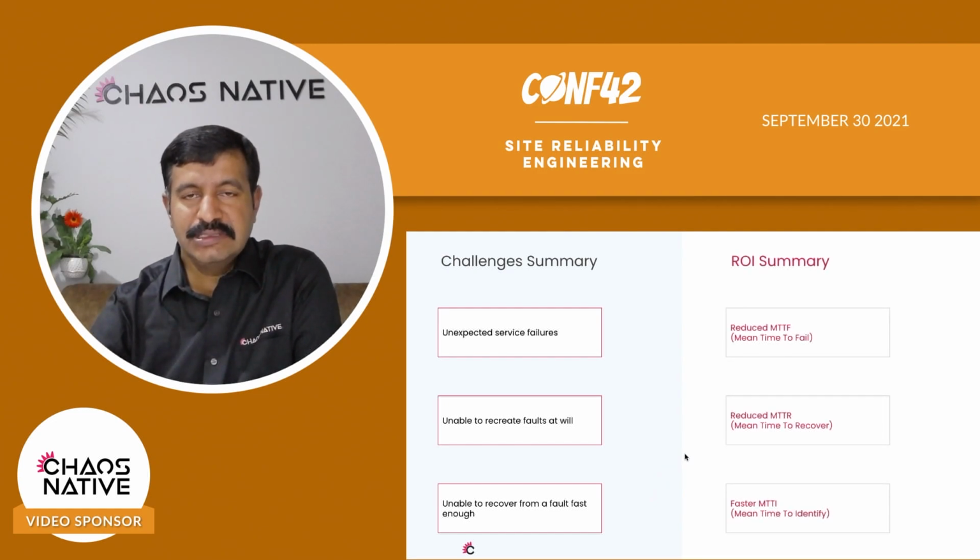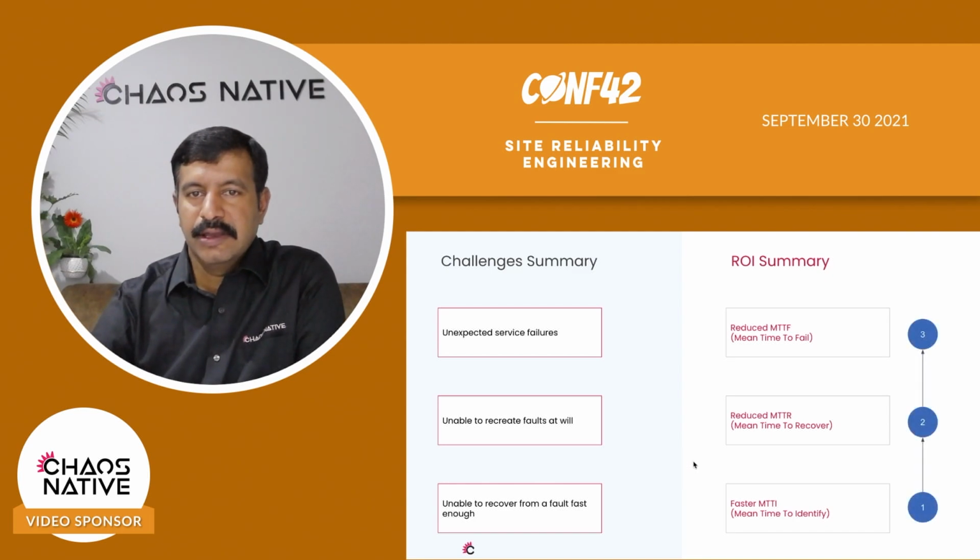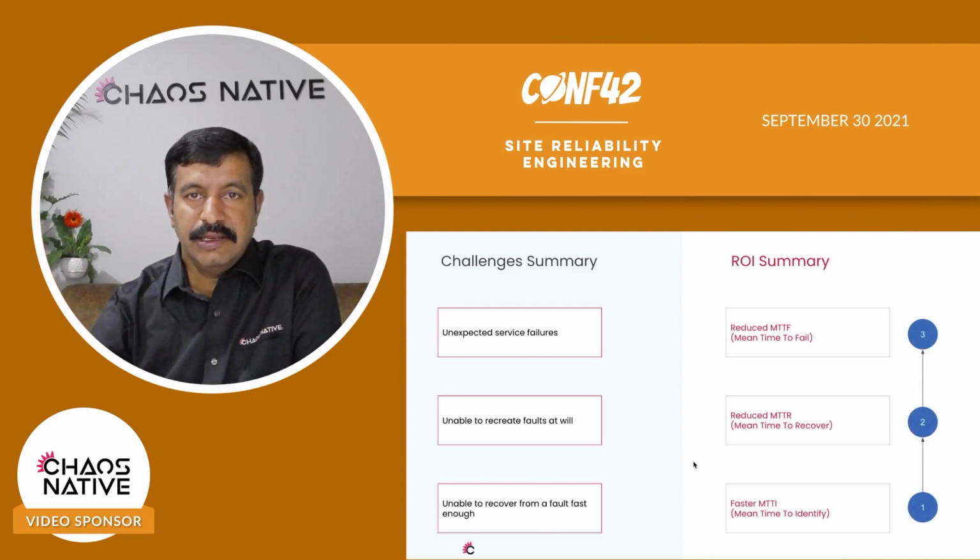And if you invest in chaos engineering, these are the benefits or return on your investments, and you will have faster way to identify a scenario or faster way to inject a failure or identify a failure scenario. You will have reduced MTTR and better MTTF. You will have increased distance between the failures, and that's exactly what you want. You want less outages.